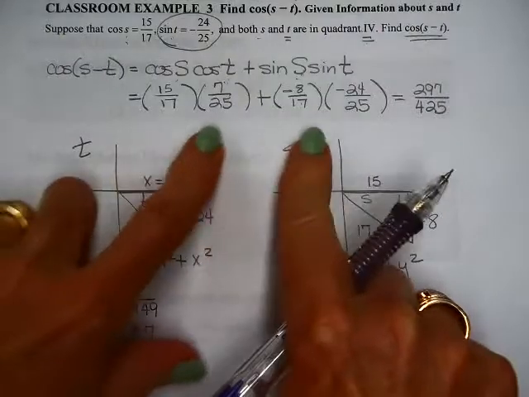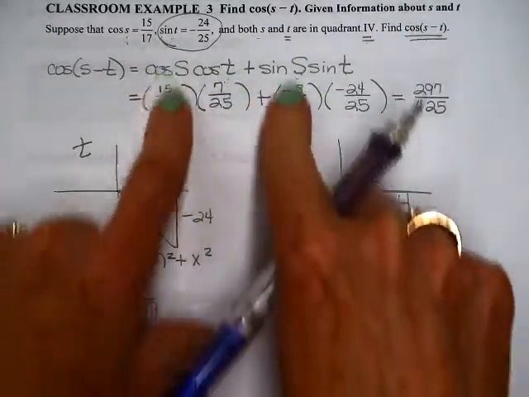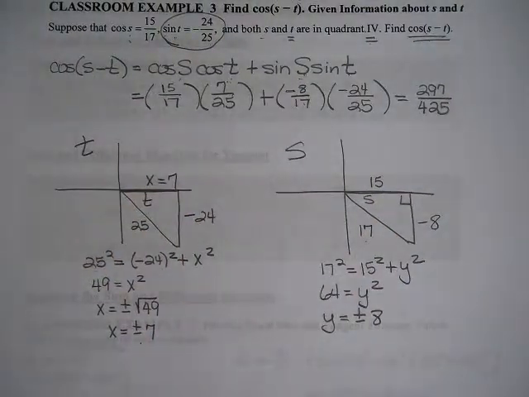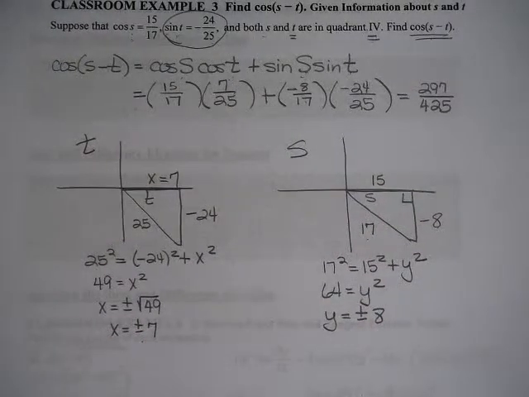And yes, these will have the same denominators. For angle T, they'll have the same denominators, and for angle S, they'll have the same denominators, always. 297 over 425. Okay.